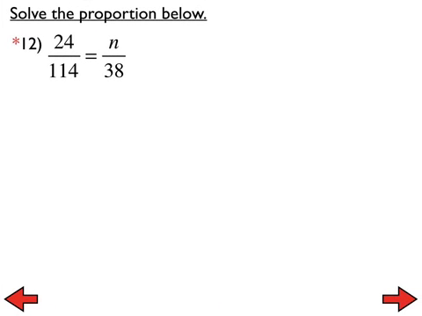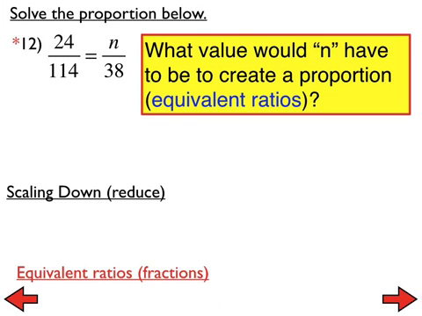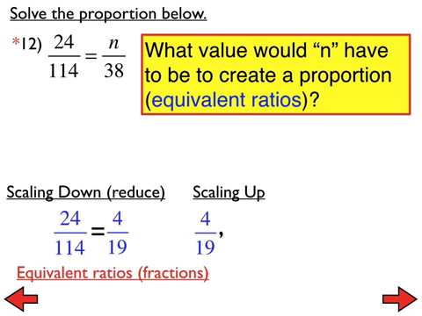Last one here. Scaling down, you would get 4 over 19, and then scale back up until the bottom's a 38, or figure out that it divides by 3 and equals 8. That's very smart. Very good.